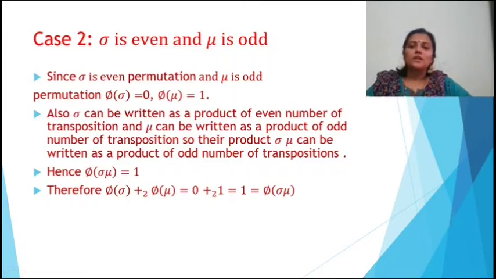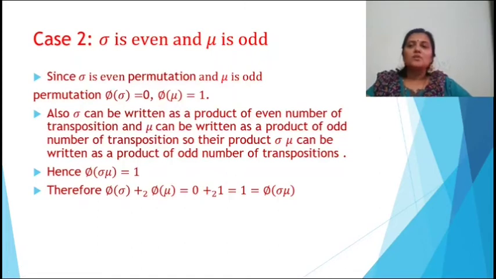So their product can be written as even plus odd, which is odd, a product of odd number of transpositions. So phi of sigma mu is equal to 1. So phi of sigma addition modulo 2 phi of mu is equal to 0 addition modulo 2 1 which is equal to 1 which is equal to phi of sigma mu. So in case 2 the homomorphism property is satisfied.